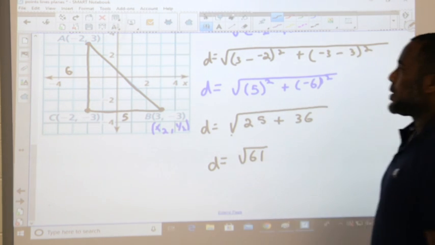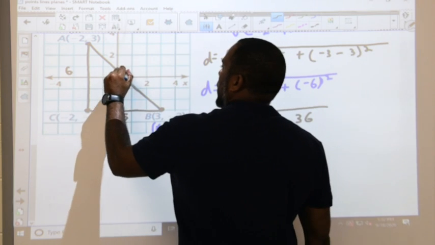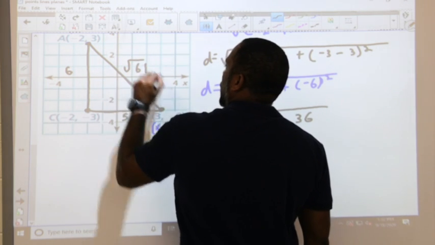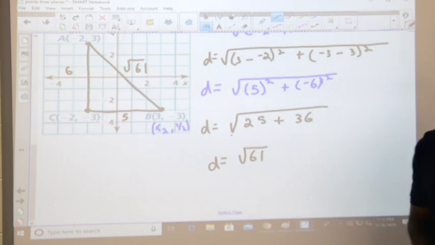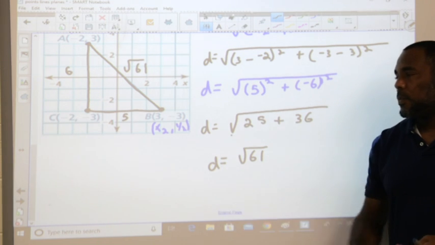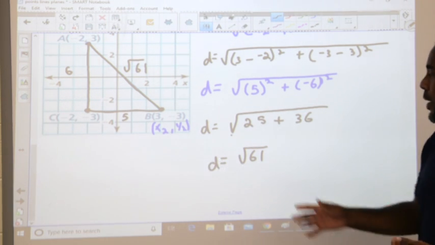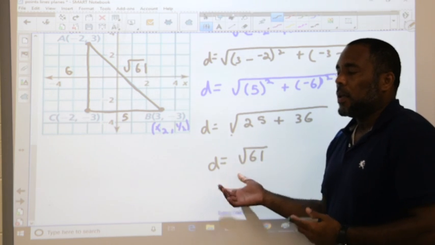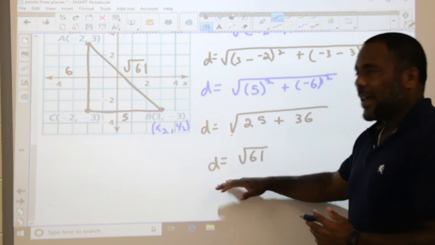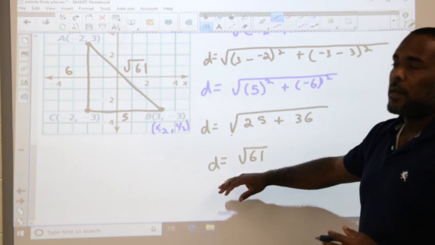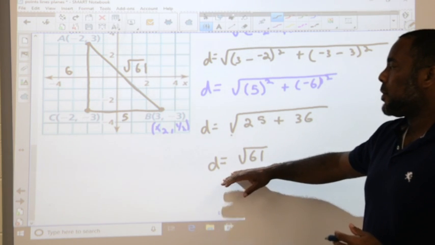So this distance is now the square root of 61. The square root of 61 is not a nice, neat number that we're used to seeing, and that's okay. This right here is actually called the exact value. That's the exact value, the square root of 61.